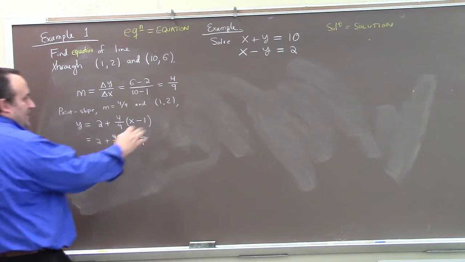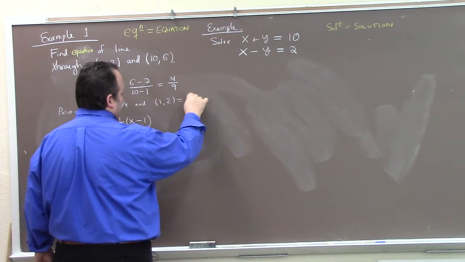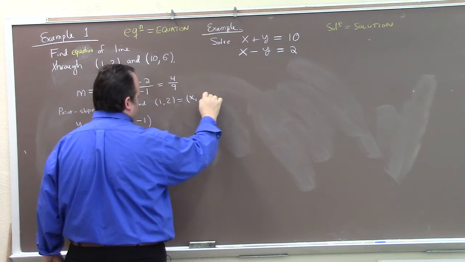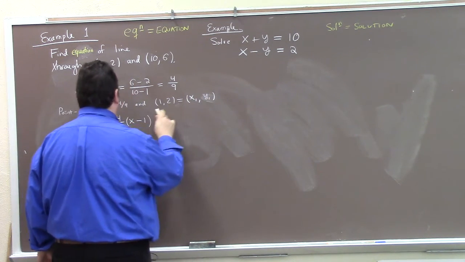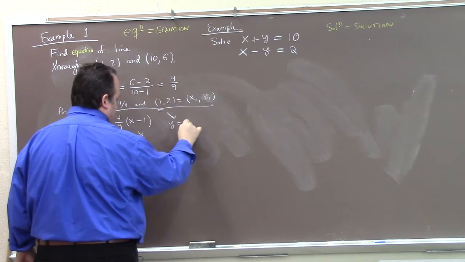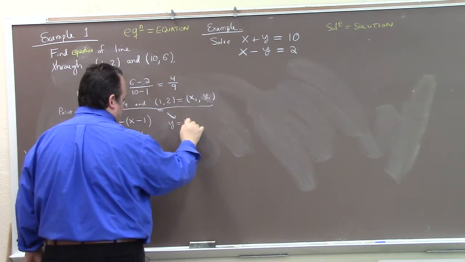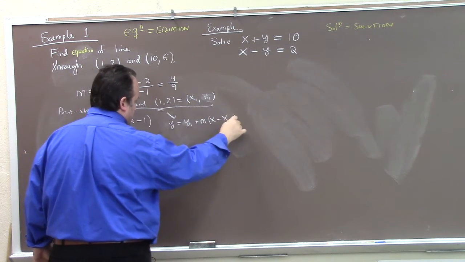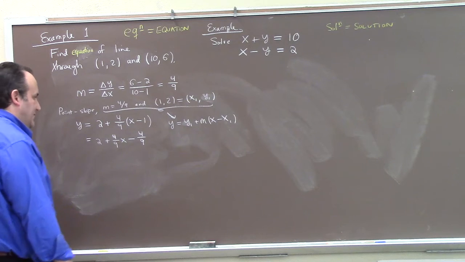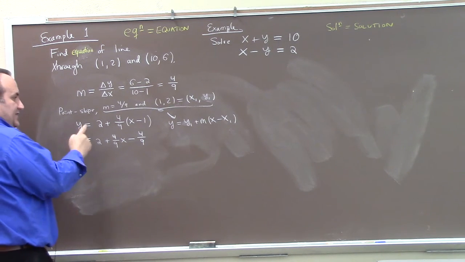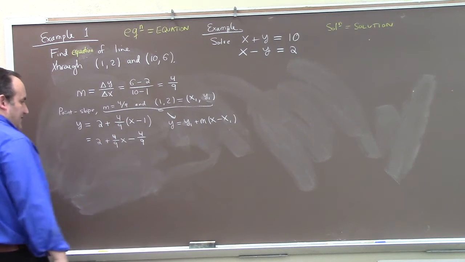So again, if you forgot the point slope formula, if we got x1, y1, then point slope says we do y equals y1 plus m times x minus x1, right? That's the point slope formula. So I'm just putting in y1 is 2 and x1 is 1, so I get 4/9 x minus 1.